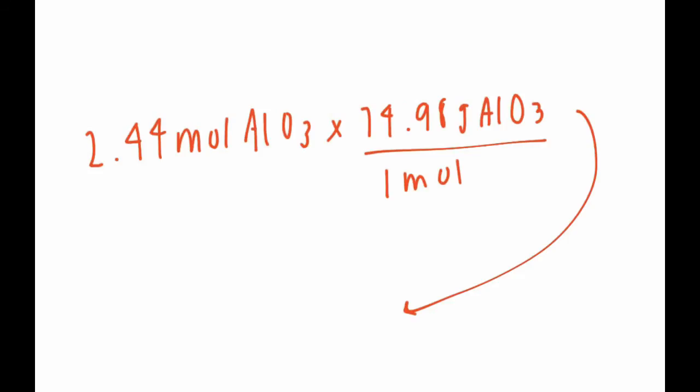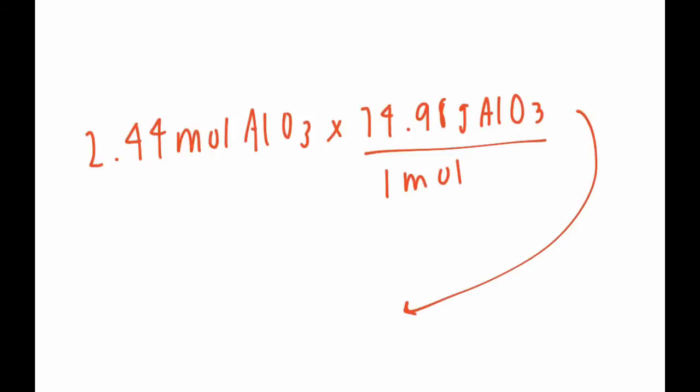Okay, then we need to convert AlO3 to grams as well. So we're going to take the 2.44 that we found in the BCA table and multiply it by the amount of grams of AlO3. So we'll take 26.98, which is the grams of aluminum, times 3 oxygens, so that'll be 48, and then you add those together and get 74.98.